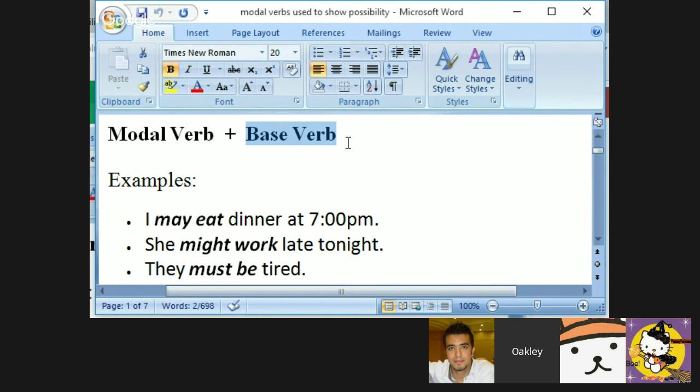They may have eaten dinner at 7 in the past. Again, we're going to hold off on that today. However, if somebody has questions, of course I will answer them. But we're really going to focus on that tomorrow. So today, talking about the present probability or the future, modal verb plus the base verb.